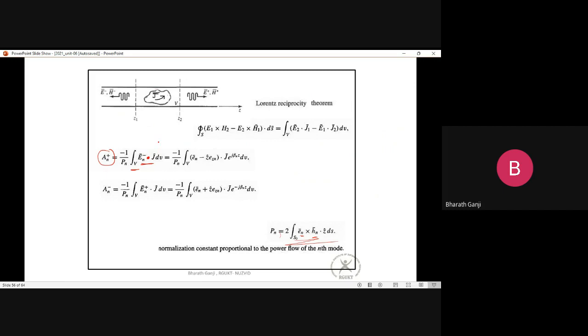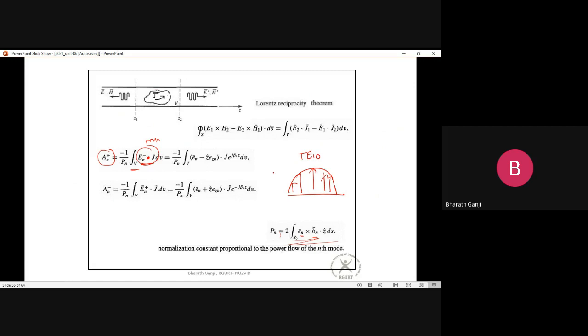So how can I maximize this? You can maximize this if your current density and the electric field of your mode are in the same direction, right? For example, if you want to excite a T10 mode, the field pattern of the T10 mode is like this in the xy plane.